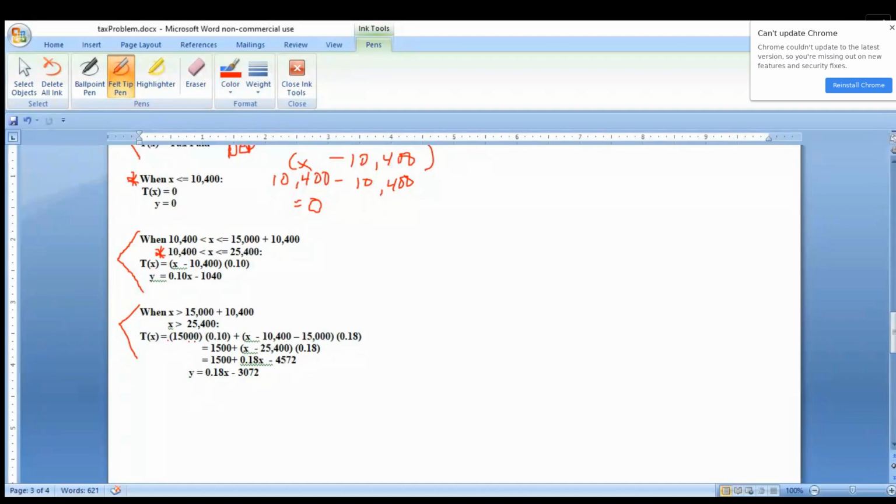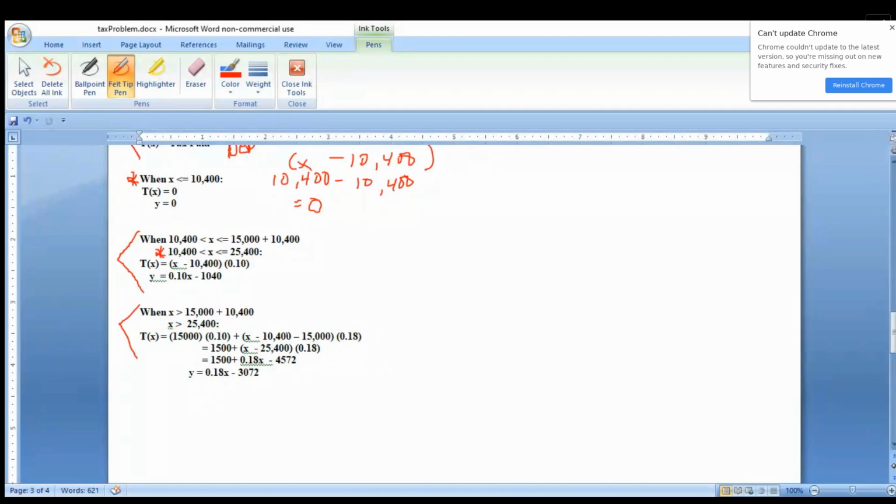So it would be the first 15,000. So when x, or your total income, is greater than 25.4, your tax paid would be 15,000 times 10%, which is 1,500. And then the right part of the equation would be your total income minus your perk minus the 15,000 we already accounted for. This gives us our remaining amount.